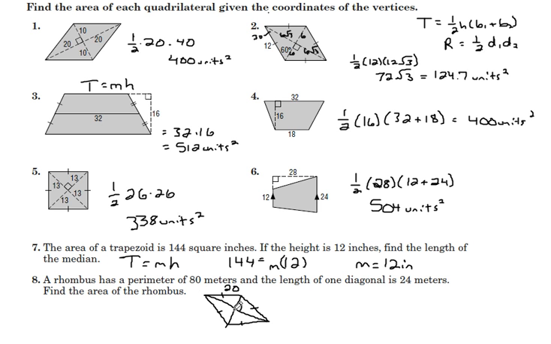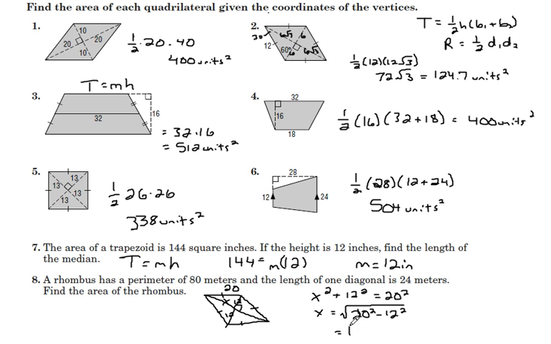Okay, if one side is 20, let's call this diagonal right here the 24. So each half is going to be 12, 12 and 12. Okay, and then we can treat it like a right triangle to find this unknown value x. X squared plus 12 squared equals 20 squared. And then if we solve for x, we'll be taking the square root of 20 squared minus 12 squared.